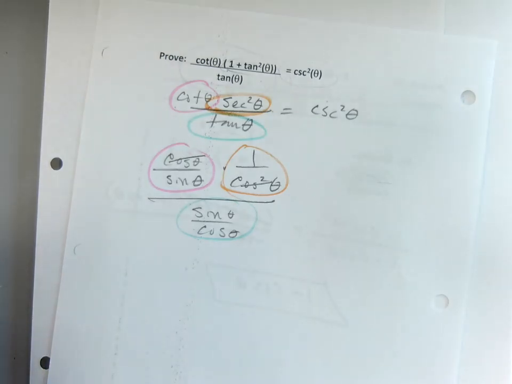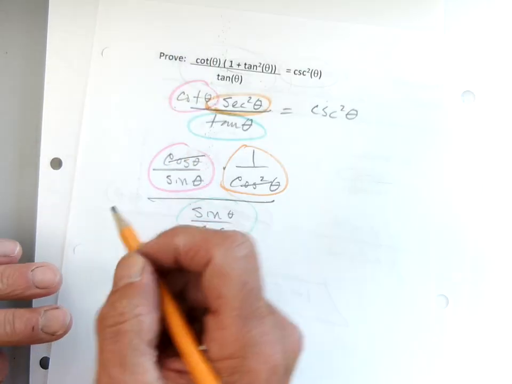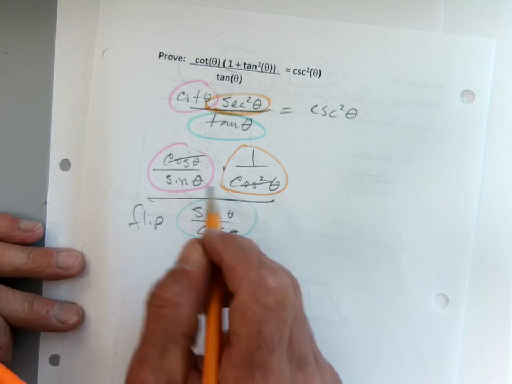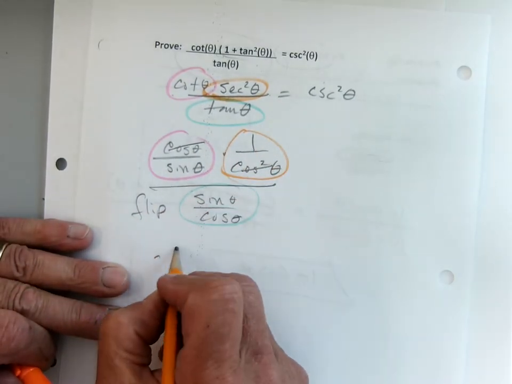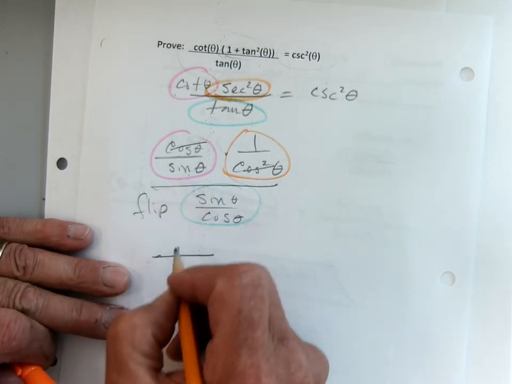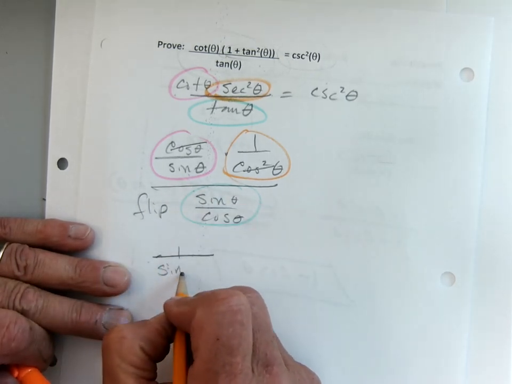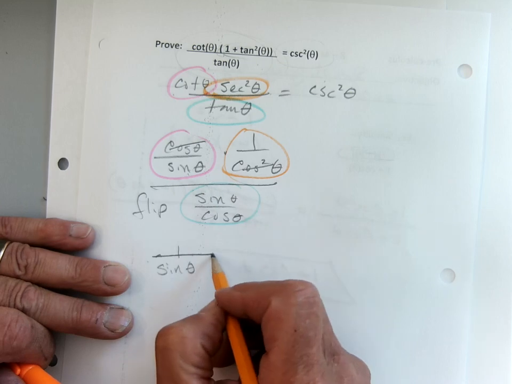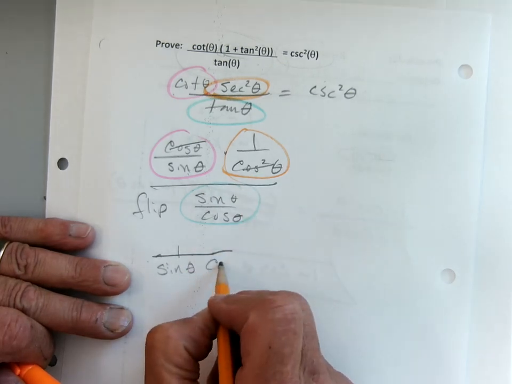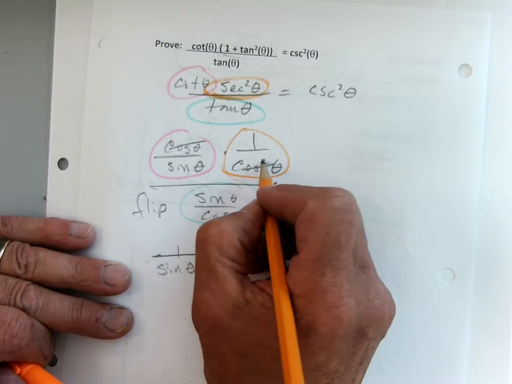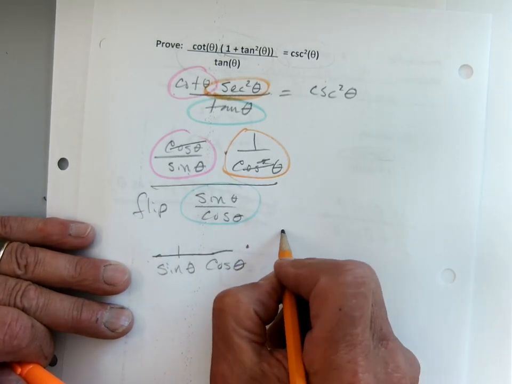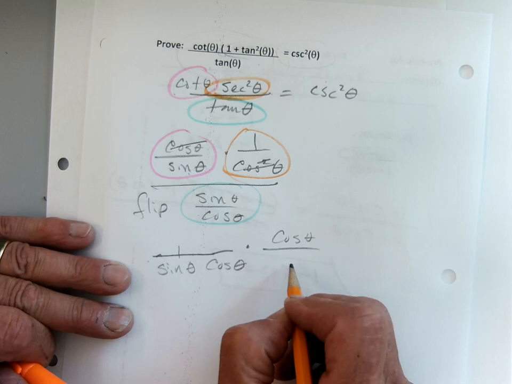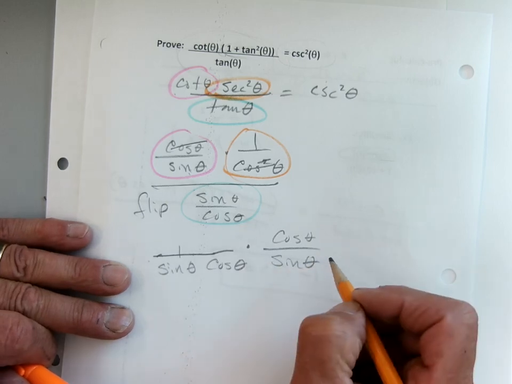I've got a fraction, so I'm going to flip this fraction. And I'm going to rewrite this: I'm going to have a 1 over sine theta and a cosine theta. And then I'm going to flip this one, cosine theta over sine theta, okay?